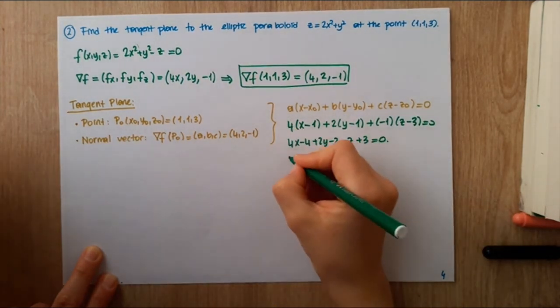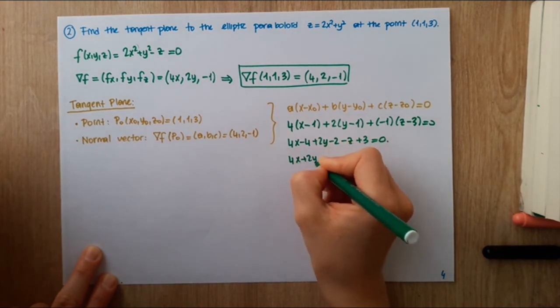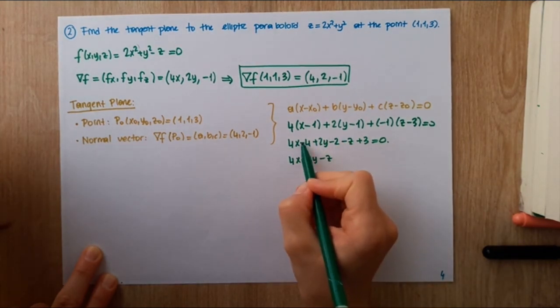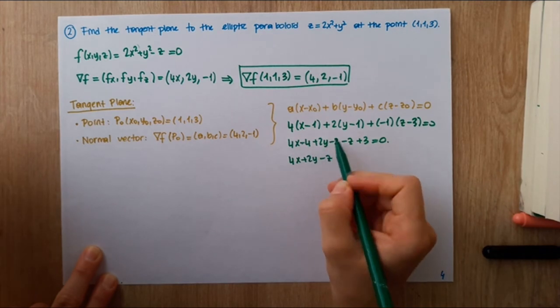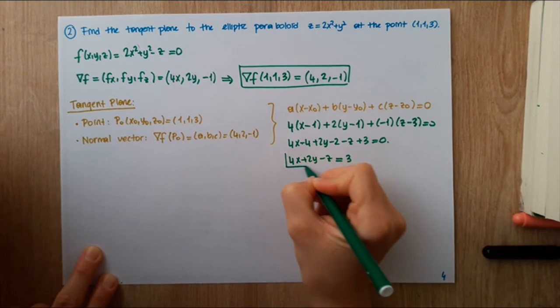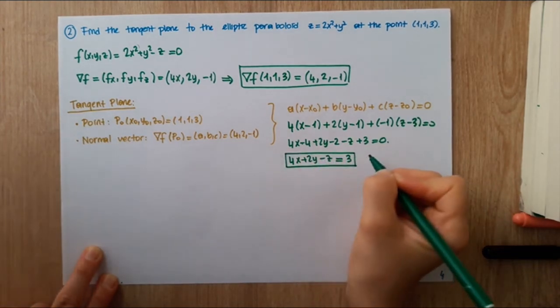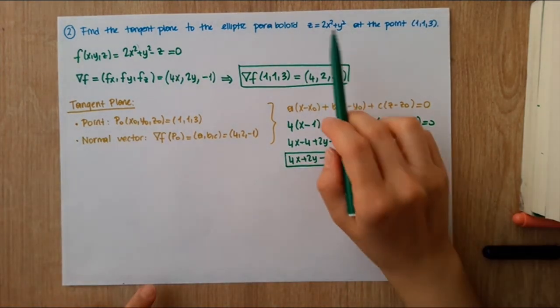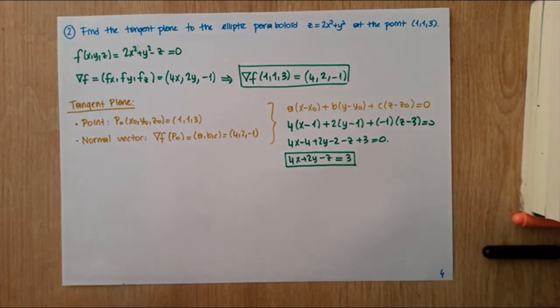So at the end I have 4x plus 2y minus z. Here minus 4 minus 2 is minus 6, plus 3 will be minus 3, so I will take this to this side. So this is the equation of the tangent plane of the given surface at the given point. Okay.